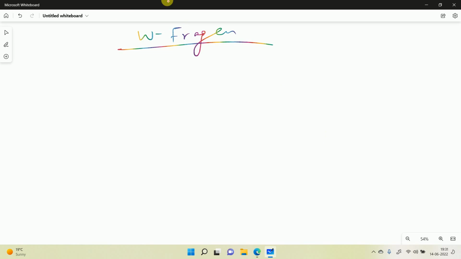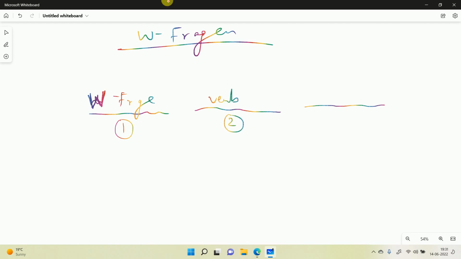Also, hier again, ich schreibe 3 Teile von einer Satz, 1, 2, 3. Und hier, the W-Fragen, the moment this W-Frage comes at the first position, then comes the verb at the second position, and third could be subject, predicate, whatever it may be.